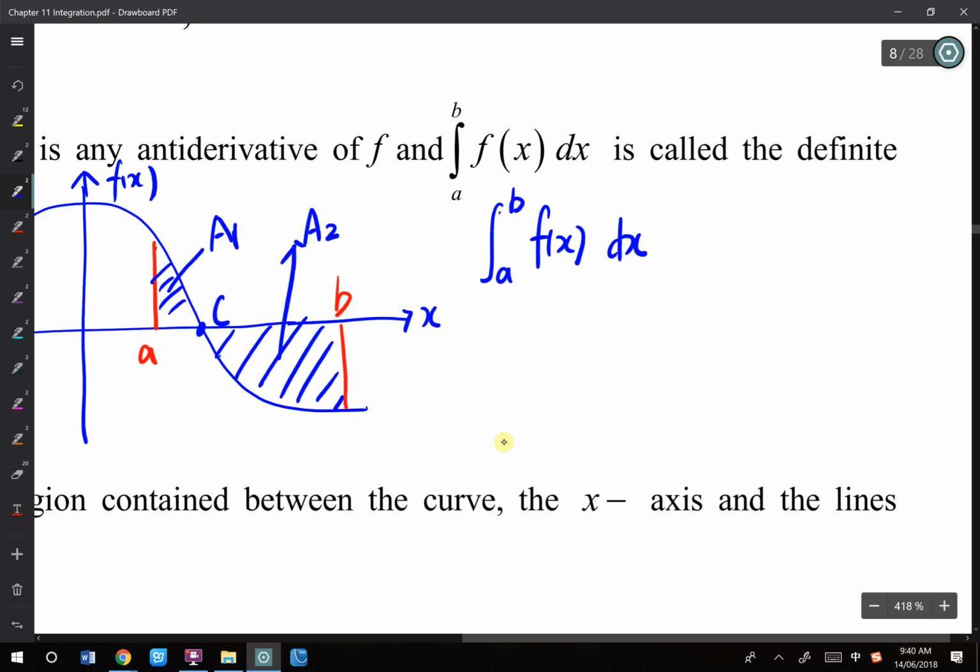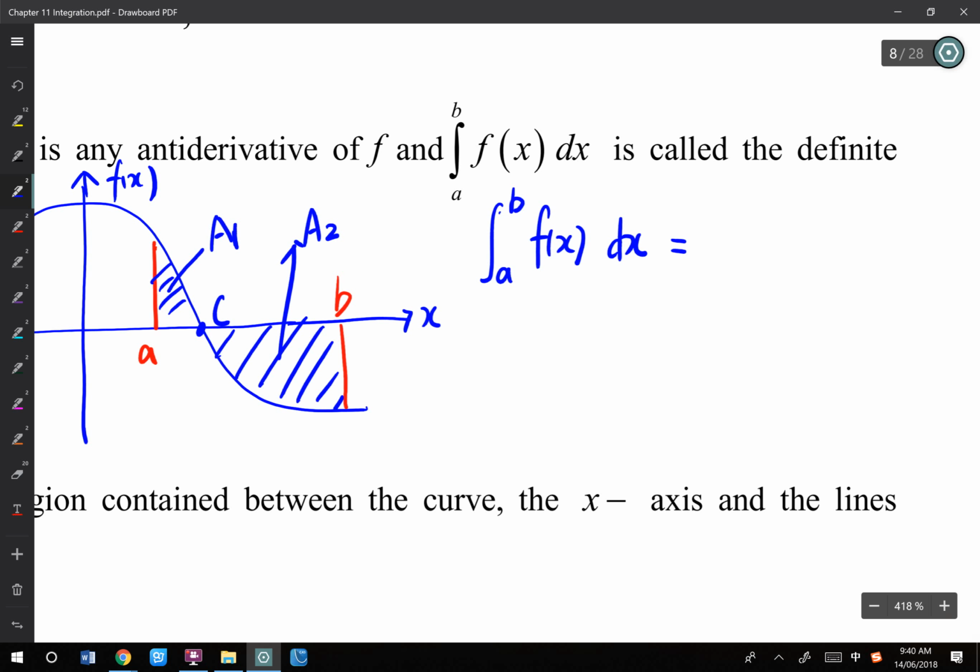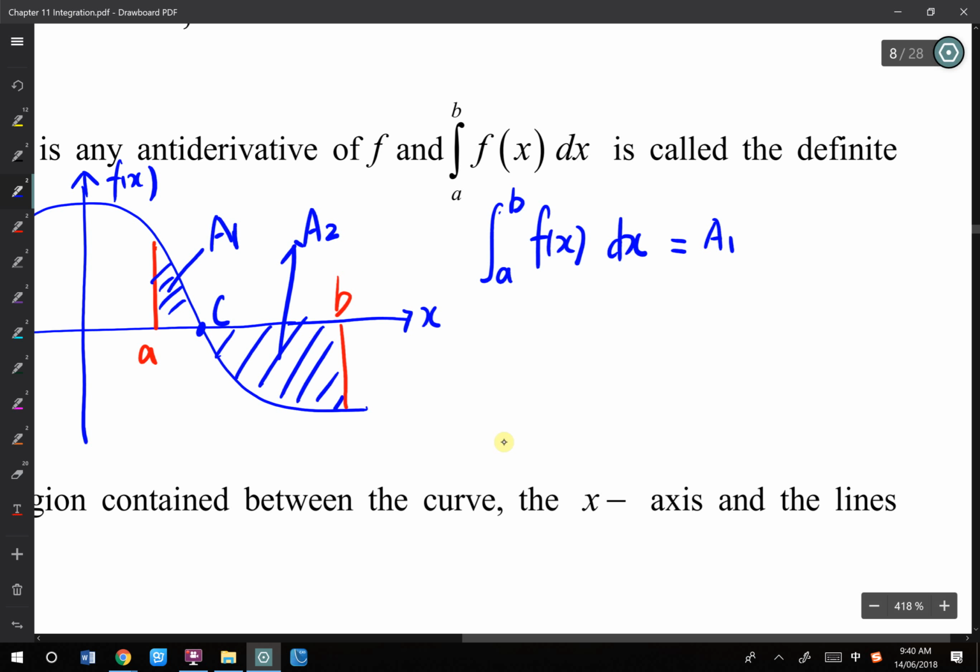The area you calculate will be negative, because you can see this is a larger area and this is a smaller area. This formula already involves positive area and negative area. It's not going to be the total area. It's just the top one minus the bottom one. It's the signed area. When you use the integral, it gives you the signed area instead of the total area.